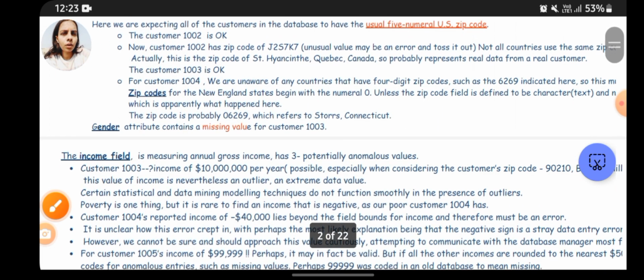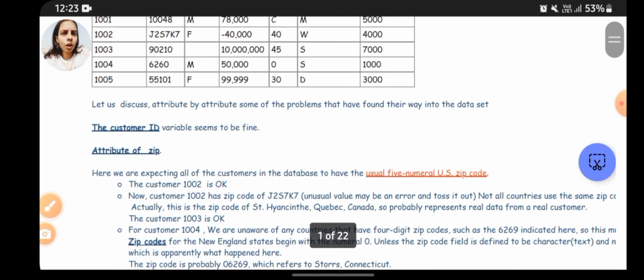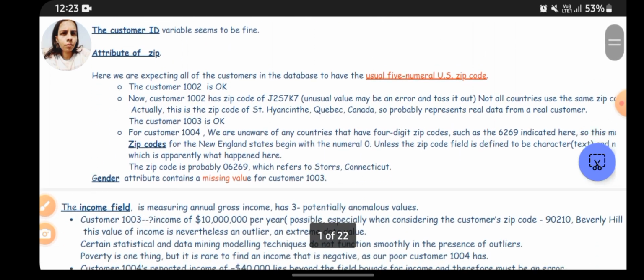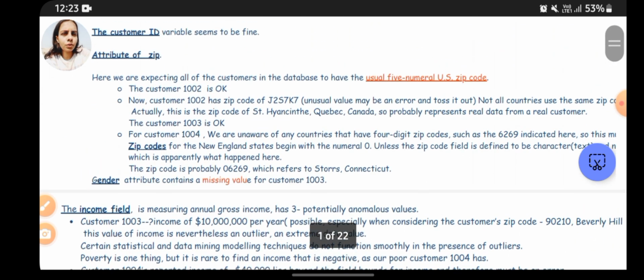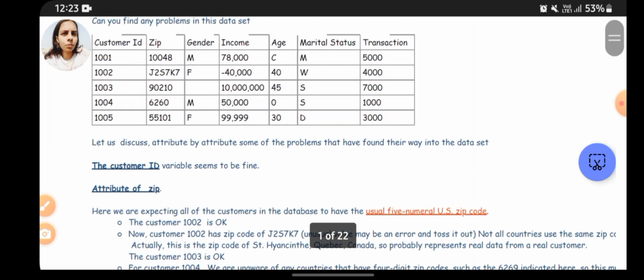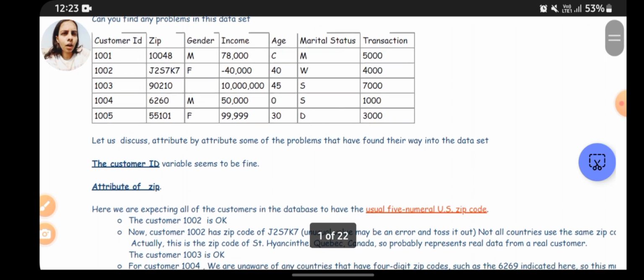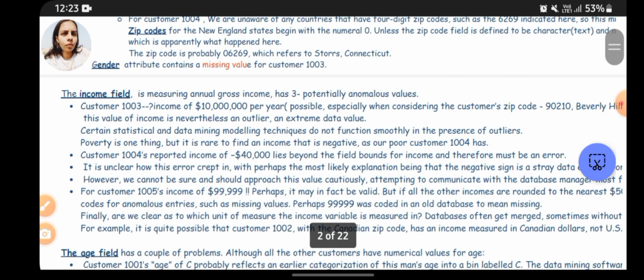Now the next field is income, which measures the annual gross income and has three potentially anomalous values. Customer 1003 has a very high income per year, which is possible especially considering the customer's zip code, 90210 Beverly Hills.